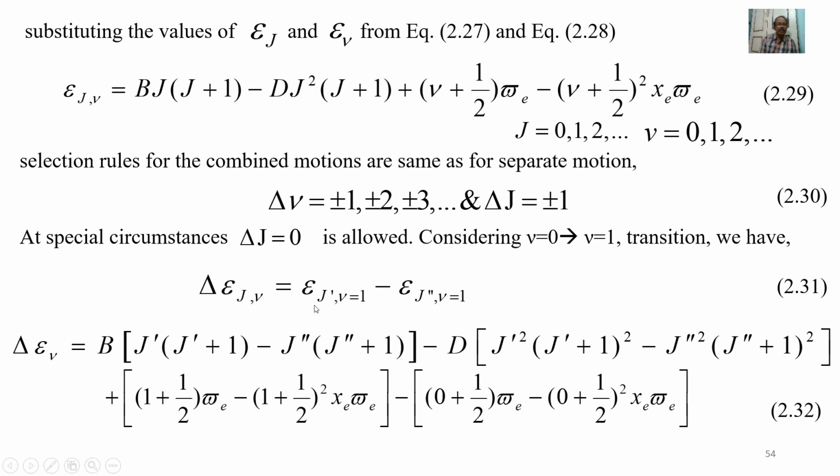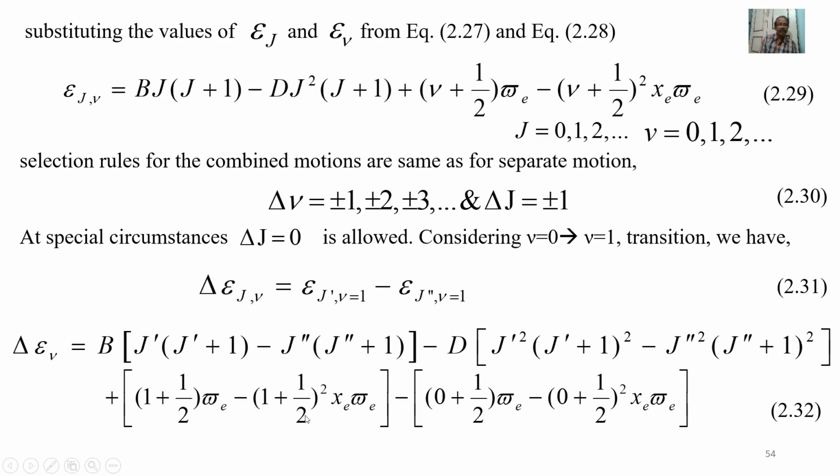Now let us subtract. Equation 2.29 becomes as per this, with nu equals 1. So this becomes B times [J prime (J prime + 1) minus J double prime (J double prime + 1)], minus D times [J prime squared (J prime + 1) whole squared minus J double prime squared (J double prime + 1) whole squared].